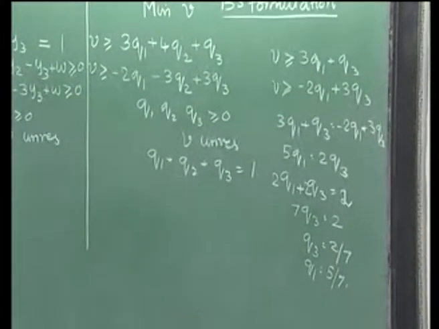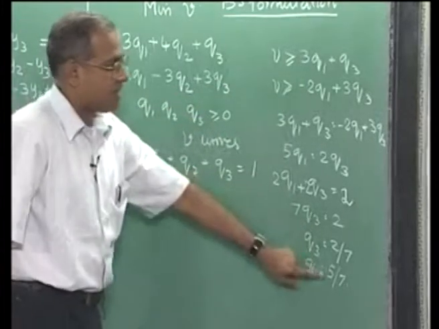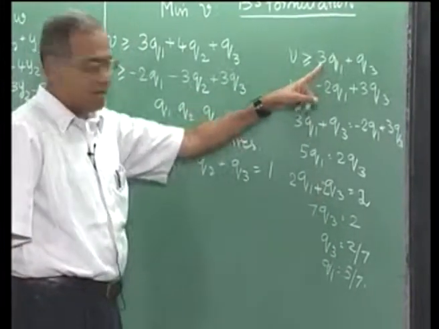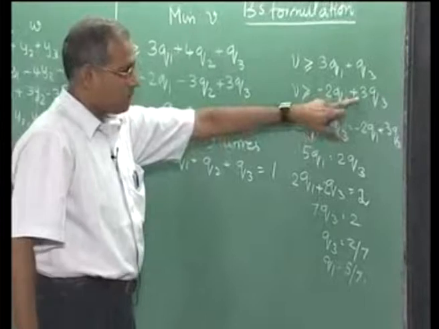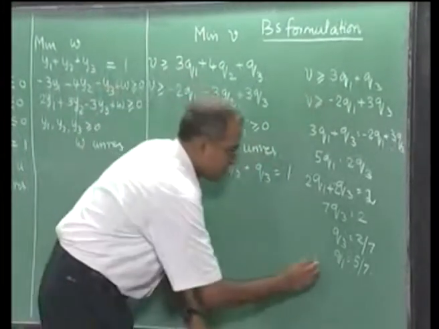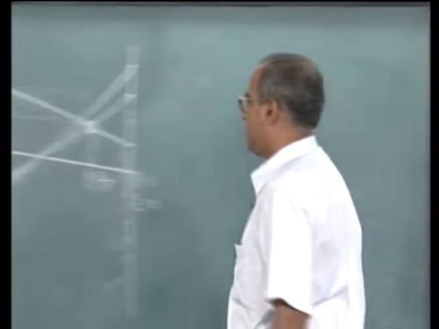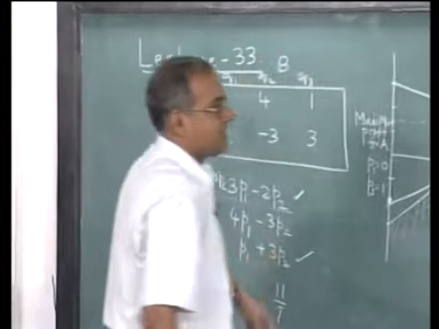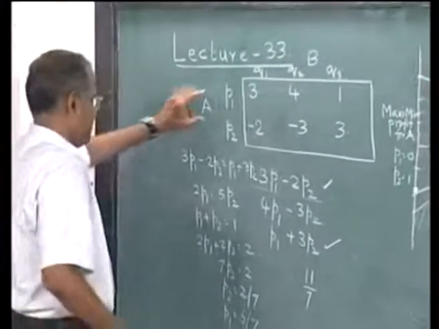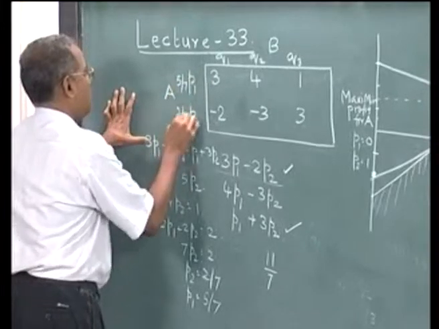So this would give us a solution. 3q1 plus q3 is 15 by 7 plus 2 by 7... which is 11 by 7, and 3q3 minus 2q1 is 6 minus 10... giving 11 by 7 as well. So we get the same 11 by 7 here. It is only incidental that these two values are 5 by 7 and 2 by 7.